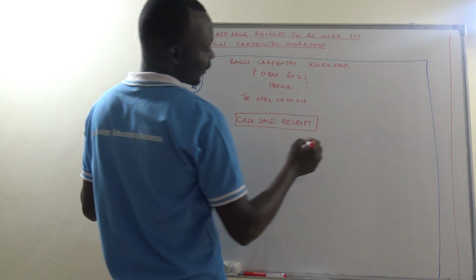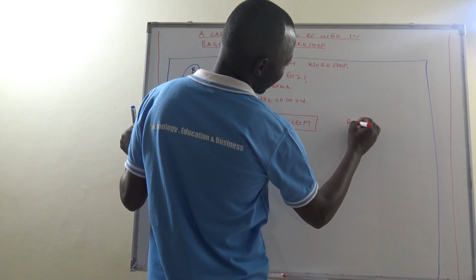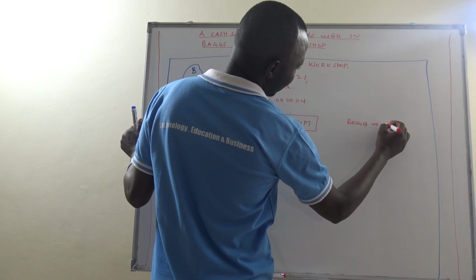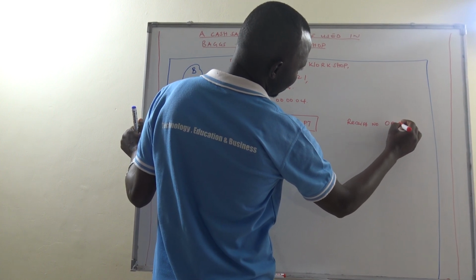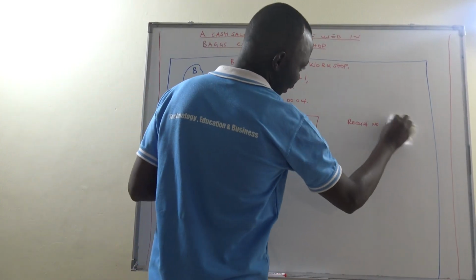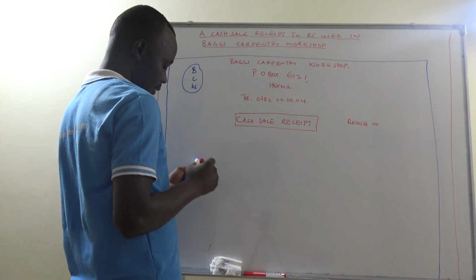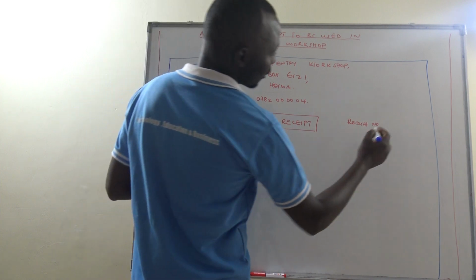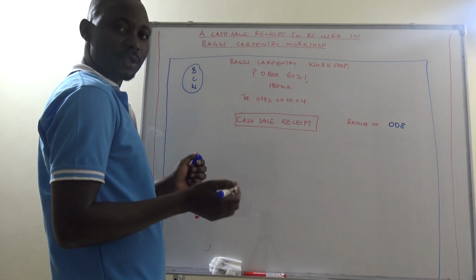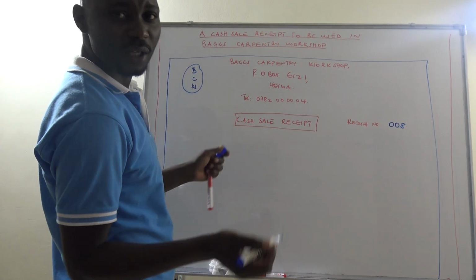Don't forget the receipt number. 008 is the cash sales receipt number. It can be 110.